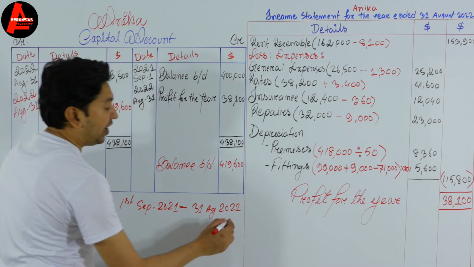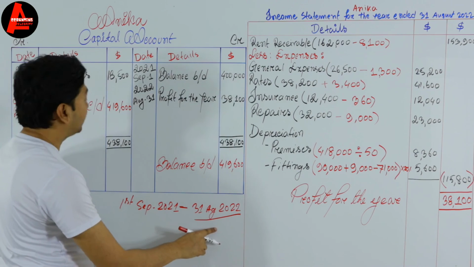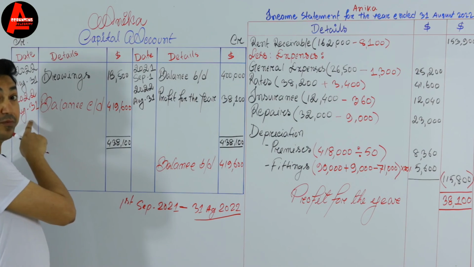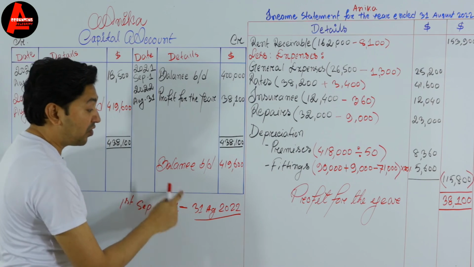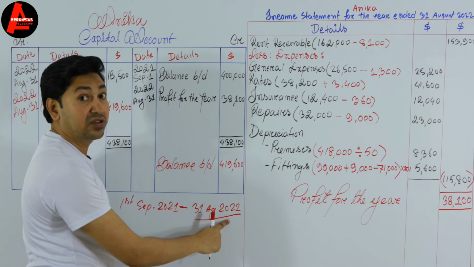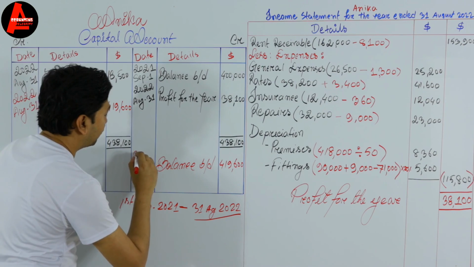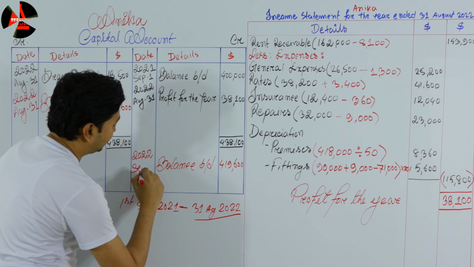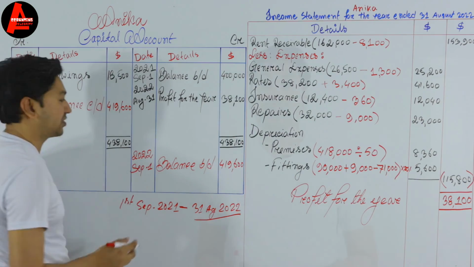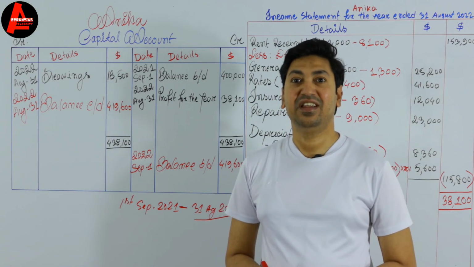Now the new financial year will start from 1st September 2022. So we write 2022 September 1st. This is how you need to prepare a capital account.